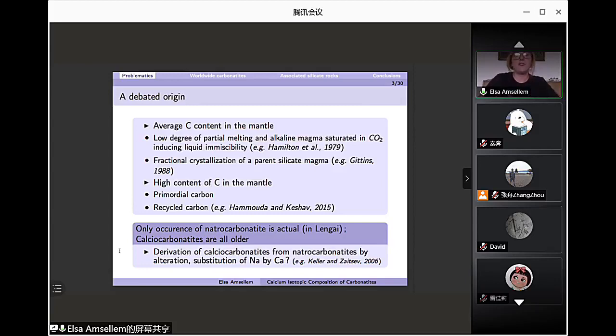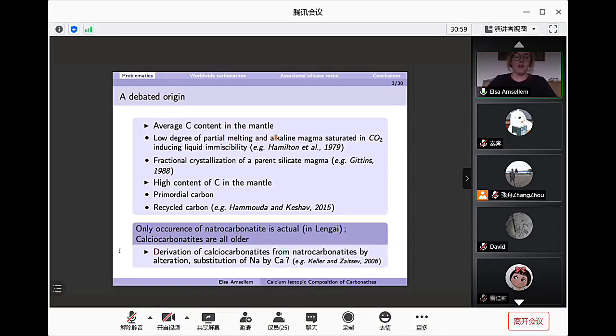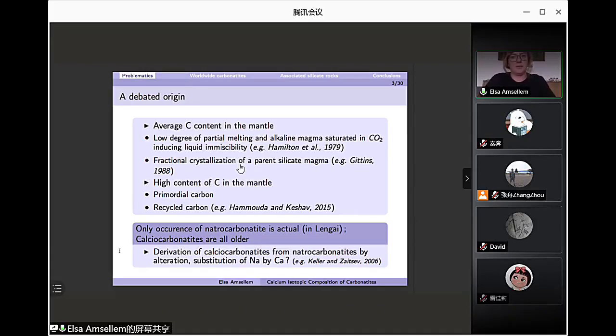This low degree of partial melting then produces an alkaline magma saturated in carbon dioxide, and this would induce a liquid immiscibility from a carbonate phase to a silicate phase, and we would have the coexistence of carbonatite magma and silicate magma. Another hypothesis is the extreme fractional crystallization of a parental silicate magma. These two hypotheses are in good agreement with the fact that most carbonatites are associated with silicate rocks.